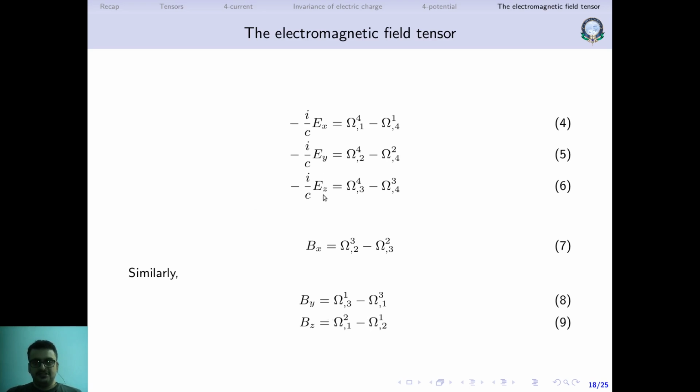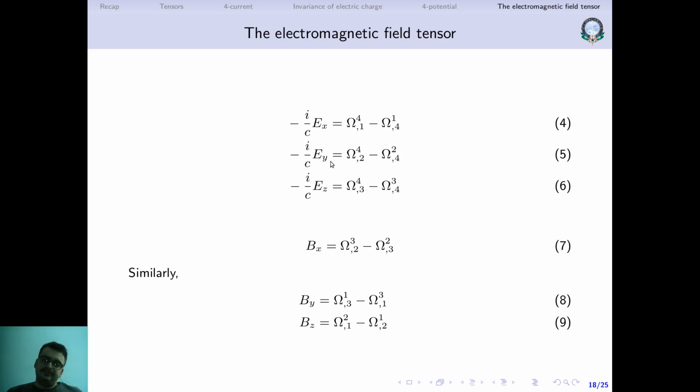So here we have it. We have already derived this, and now we have derived this. These three equations give us how the components of the electric field, Ex, Ey, Ez, are related to the differences between the derivatives of the components of the four potential, and in the same way how the differences between the derivatives of the components of the four potential are related to the magnetic field.